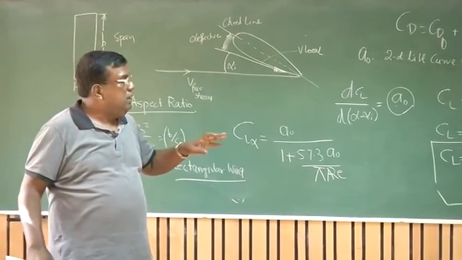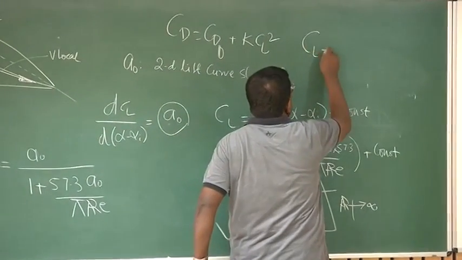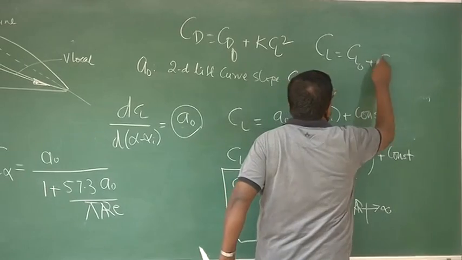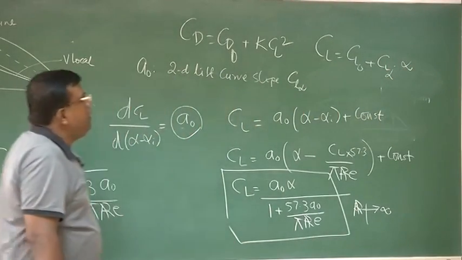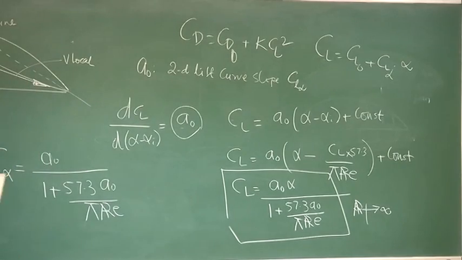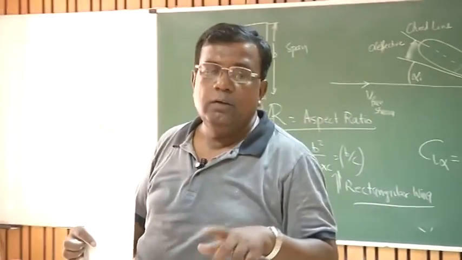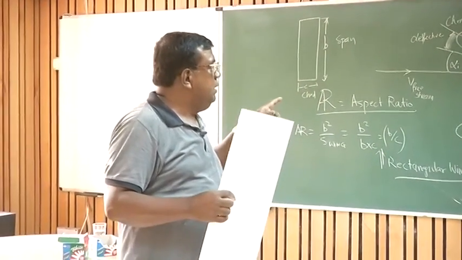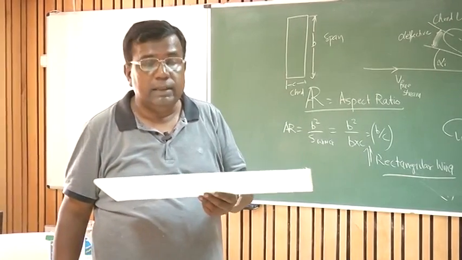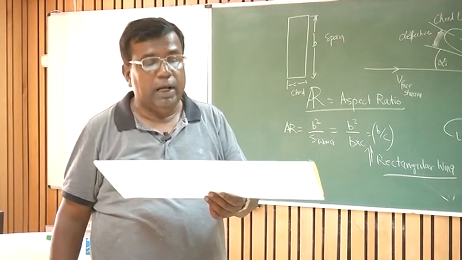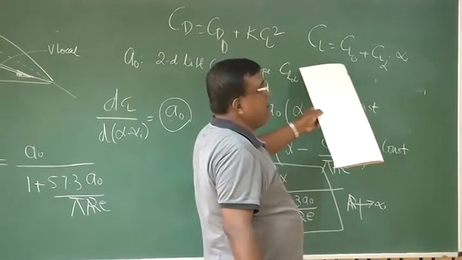Why do I need a relationship between CL and alpha? Remember, we have written CL equal to CL naught plus CL alpha into alpha. Why do we require this? Because to maintain lift equal to weight, we need some CL, which will be given by the lift equals weight equation. But for a pilot, he has to generate that CL, so he has to turn the airplane by some angle of attack, which will be dictated by this relationship.